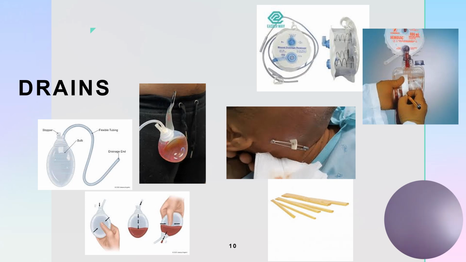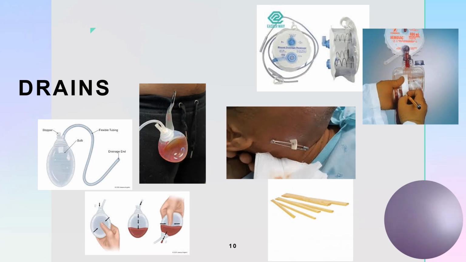The drain we're looking at on the left-hand side is your Jackson Pratt drain, also called a Reliavac. It just depends on the manufacturer. So basically you squeeze it, close the cap, allow it to fill with the drainage, and then you can open the cap and remove it.